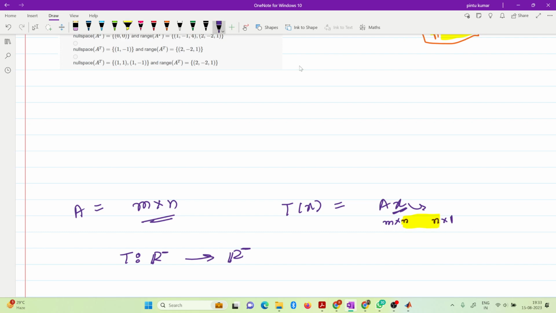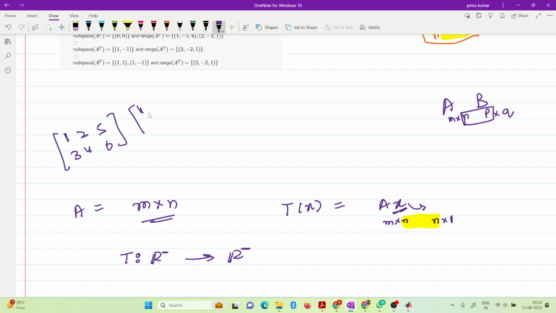Okay. So if you have two matrices A and B, let's say this is of size m cross n and this is of size p cross q, you can only multiply A and B if your n is equal to p. How do you multiply two matrices? Let's say this is 1, 2, 3, 4, 5, 6.